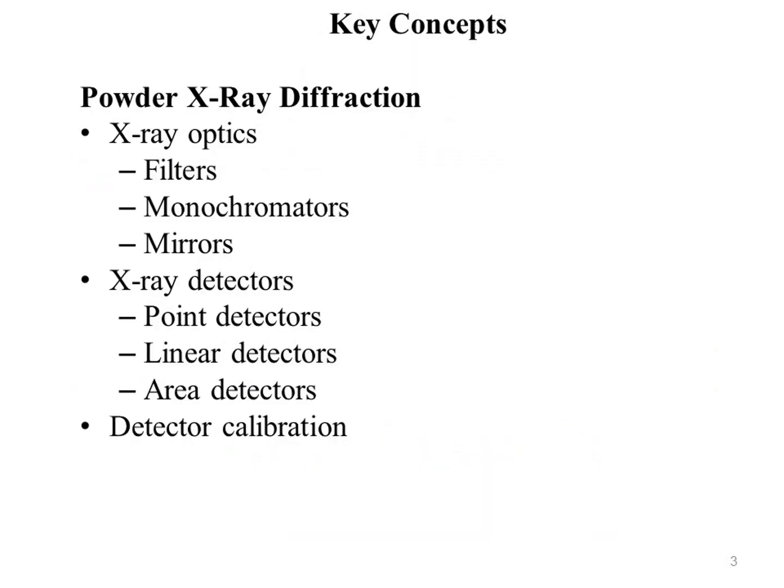Today we will discuss X-ray optics: filters, monochromators, mirrors, and then we will discuss X-ray detectors, including point detectors, linear detectors, area detectors, and then we will discuss detector calibration.